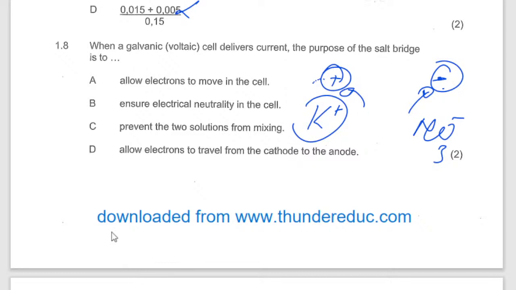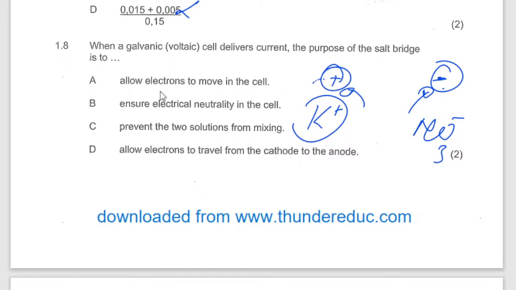So it means that it brings about this reaction continuing in that manner, whereby it does not stop and continues to be spontaneous. Because these ions are being neutralized by these potassium and nitrate ions, the salt bridge prevents the cell from stopping producing energy.